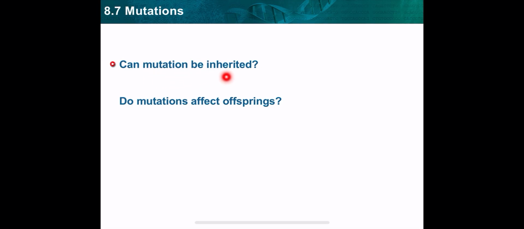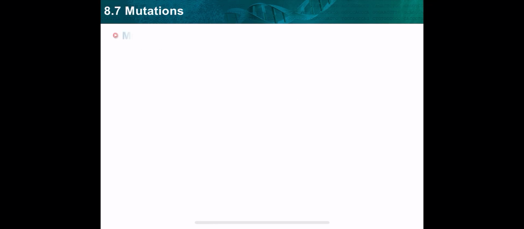My question now: can a mutation be inherited? If there is a certain mutation in any of the body cells, will this mutation be inherited? Do mutations affect offspring? Actually, it depends.